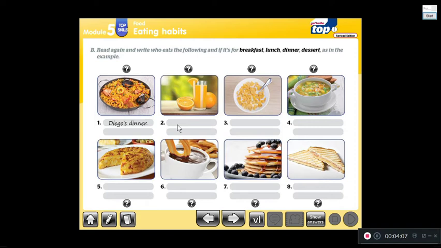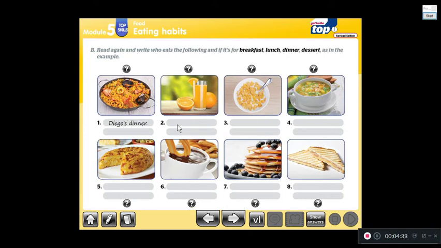Por ejemplo, la mochila de Tonia. Tonia's bag, la mochila de Tonia. El perro de Tonia sería Tonia's dog. ¿Ok? Siempre hacemos referencia primero a la persona a la cual le pertenece el objeto y luego mencionamos al objeto el cual le pertenece a esta persona.